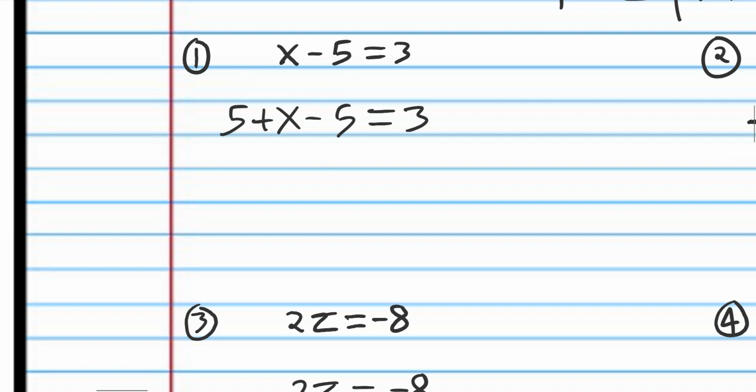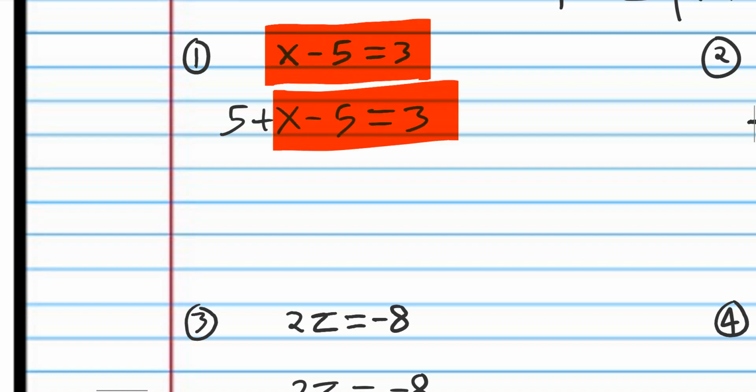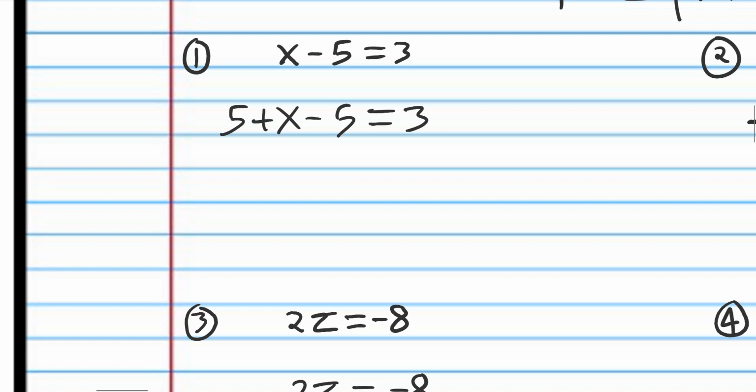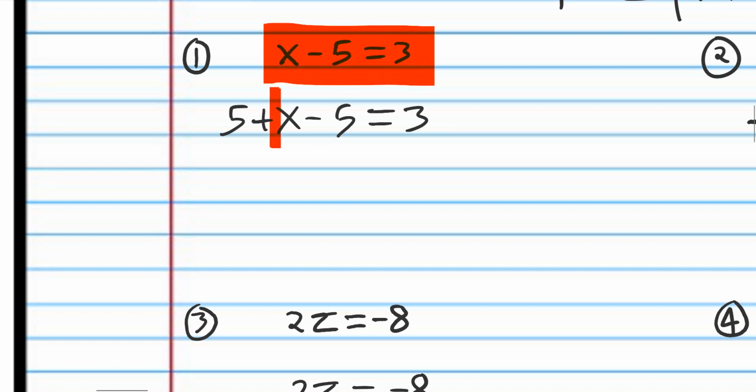Another reason that I'm going to write it on the left side is because it actually makes it easier to understand what's going on to a certain degree. It's extremely important to understand that in every one of these problems, when I rewrite this equation, I'm going to write it directly below. I'm going to try to line up those expressions, and that way there's not going to be any ambiguity about where the x is or where the 5 is.